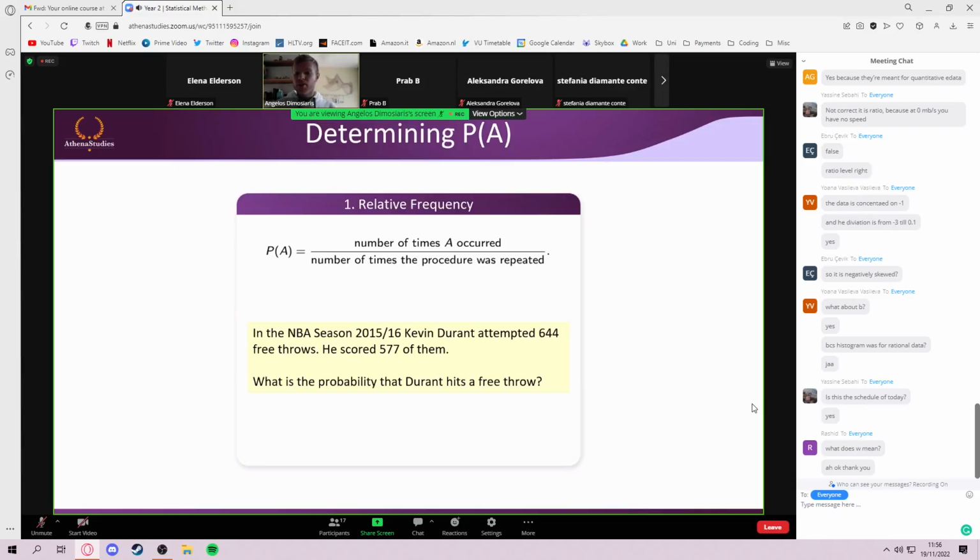He scored 575 of them. What was the probability that Durant hits a free throw? So how do we put these numbers into this formula here? Any ideas?